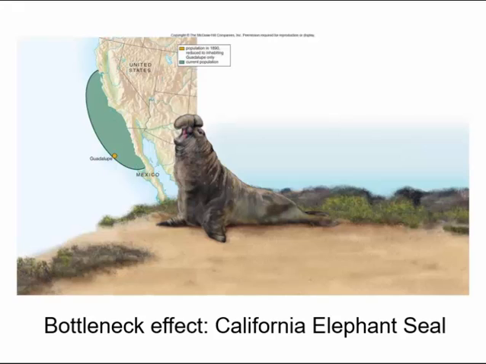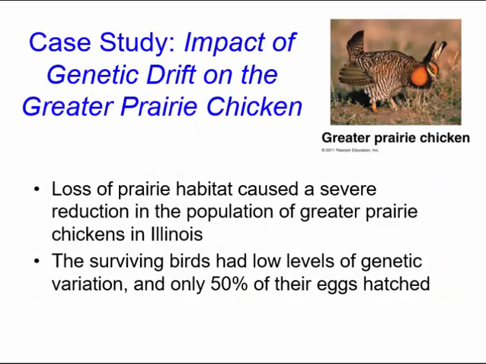So there are lots of examples of this in conservation. The California elephant seals were at one point reduced to a small population on the island of Guadalupe, and the population has rebounded. Here's the current range, which looks good, but because of that bottleneck effect, the genetic diversity is low. What kind of impact can that have?